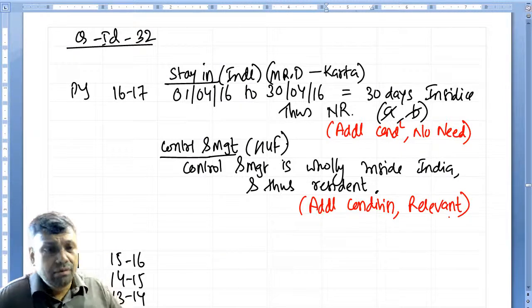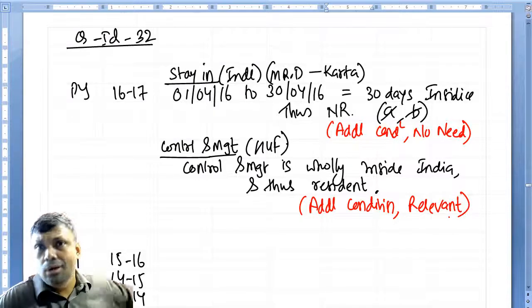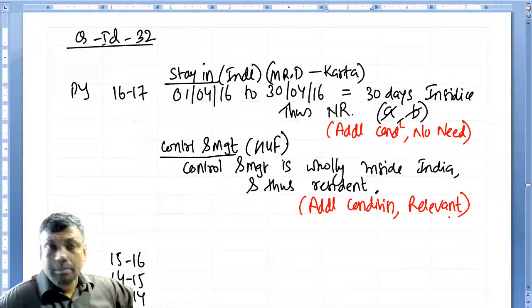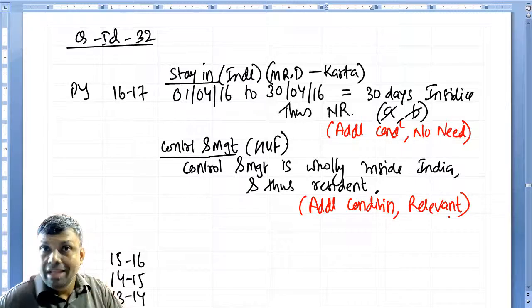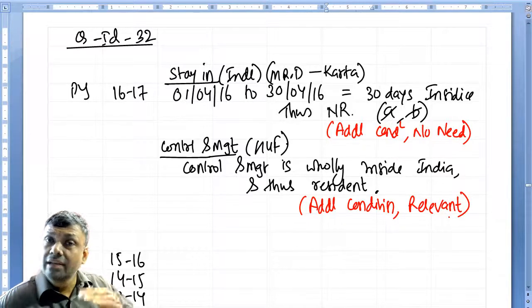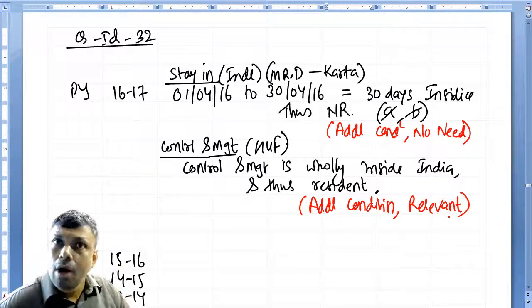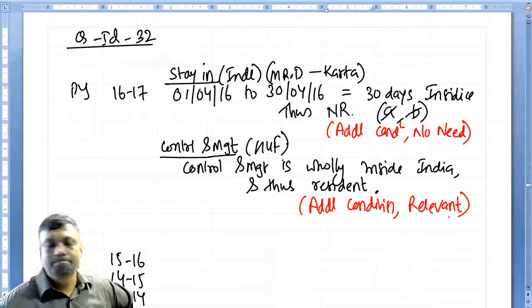So there is a real good value in this particular question. Because for the same previous year, I repeat, friends, for the same previous year, Karta is non-resident and the HUF is resident. And the details of the additional conditions is already printed and given to us in the question.